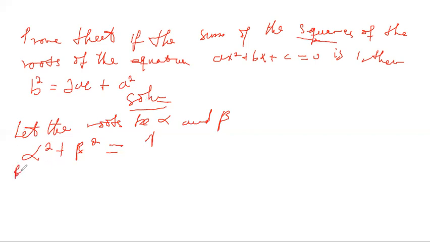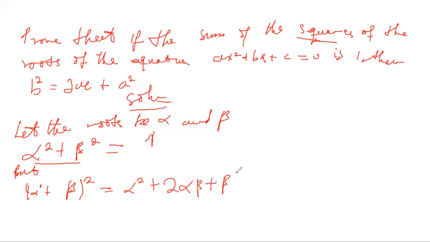We are going to begin by saying this, which is on the left-hand side, can be obtained by expanding alpha plus beta squared, which gives us alpha squared plus 2 alpha beta plus beta squared.